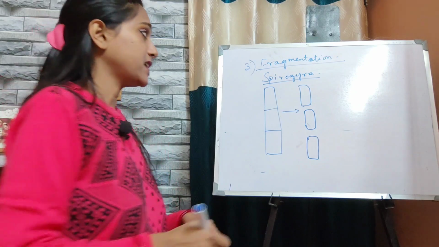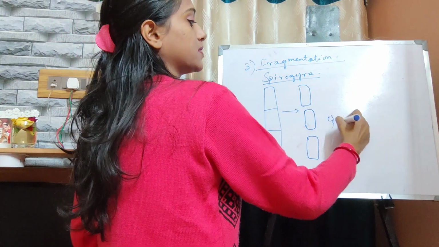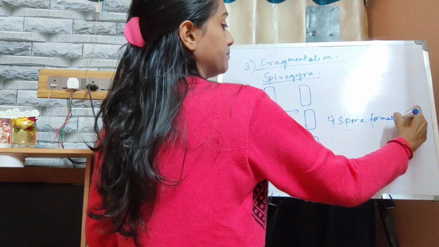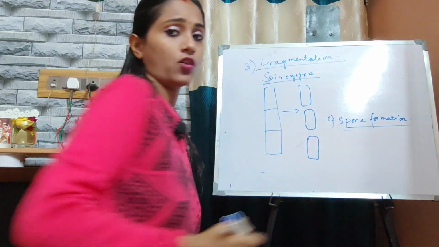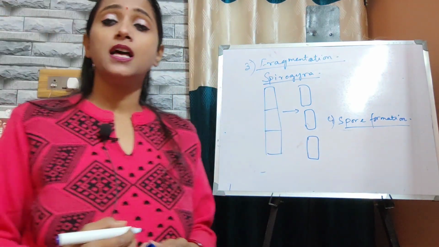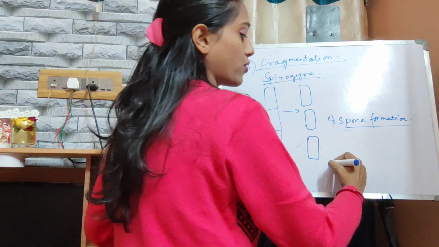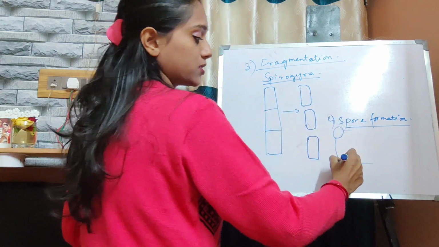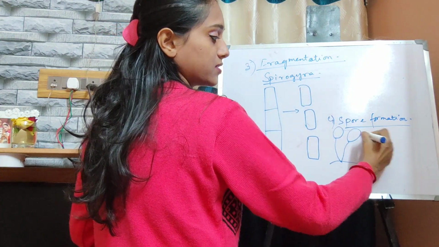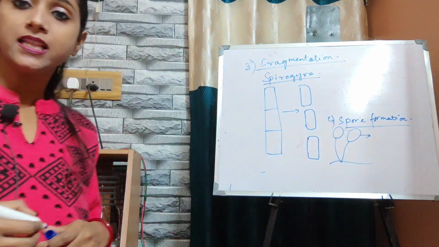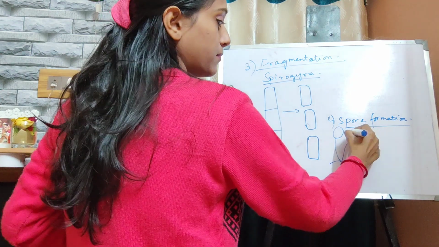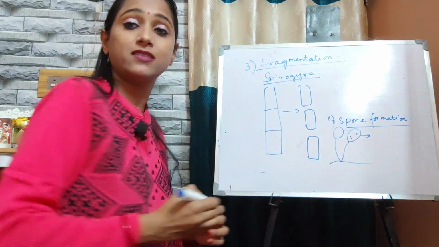formed. Next, number 4 is spore formation. Spore formation can be seen in many organisms like Rhizopus. They have a sporangium. This is a stalk-like structure, and on top of the stalk there is a sac-like structure. This is called the sporangium. In the sporangium there are minute black colored dot-like structures.